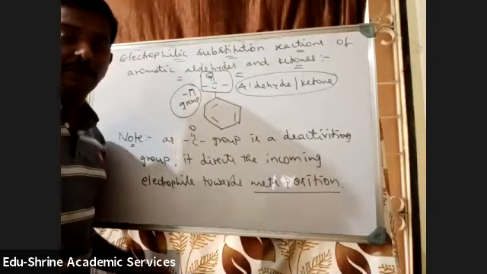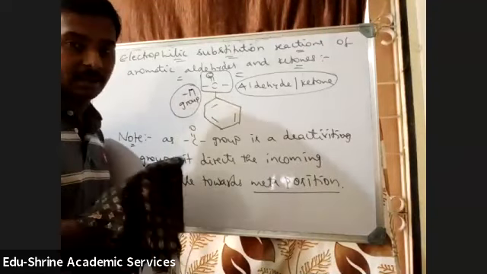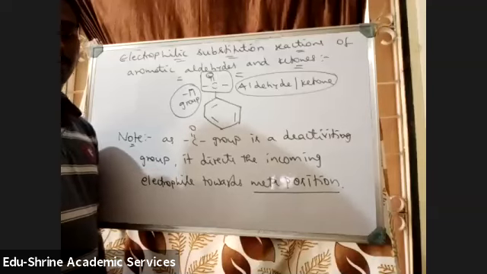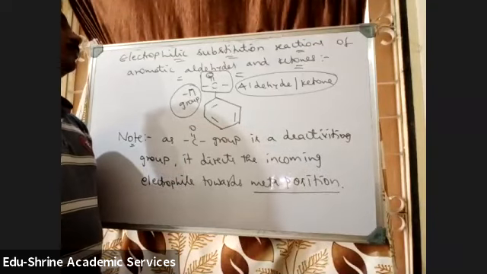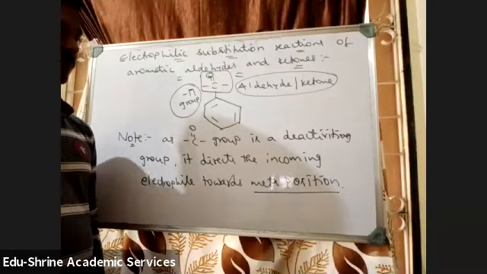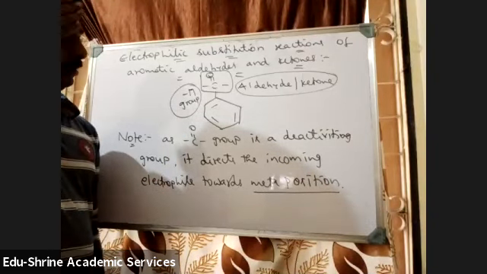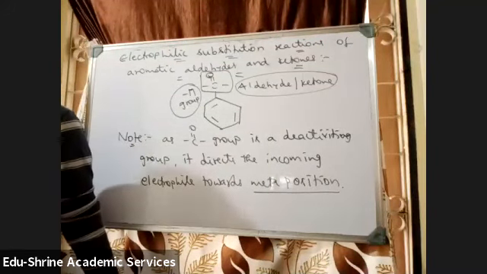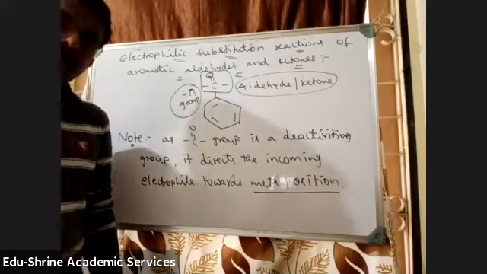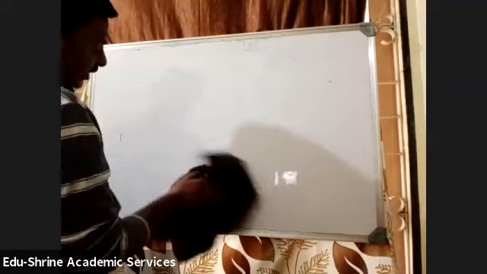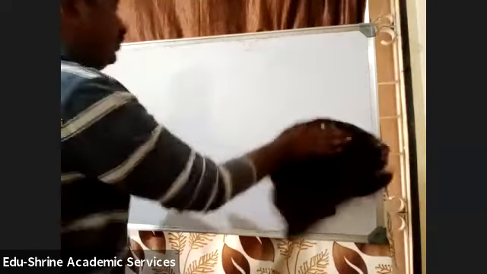But in our NCERT, only one reaction is given, and I will write that. Even if any other comes in the exam, just substitute the electrophile at the meta position.